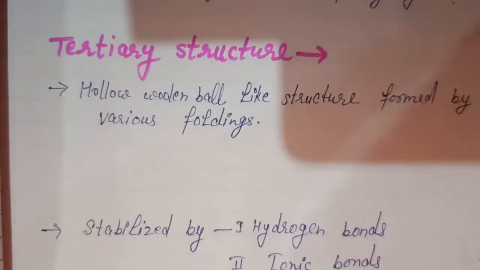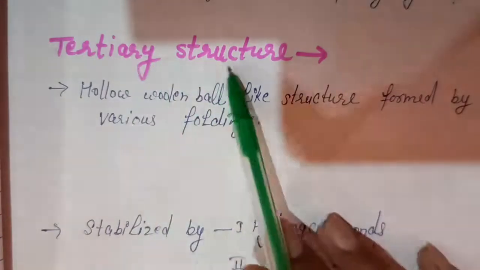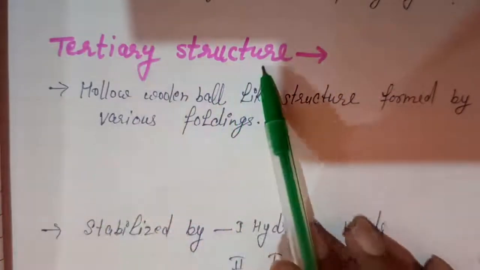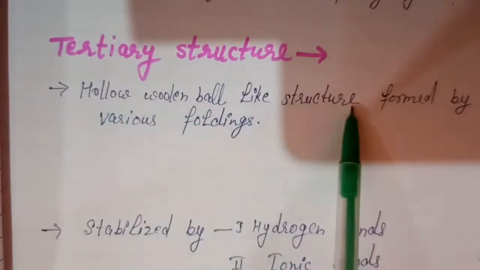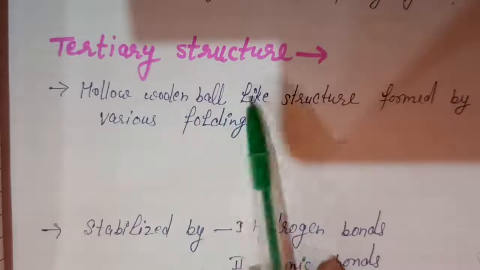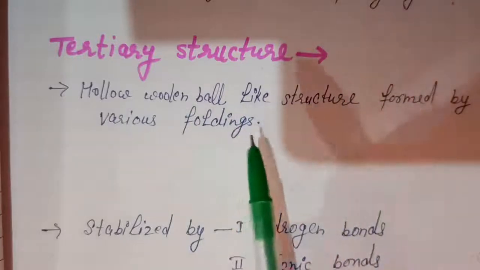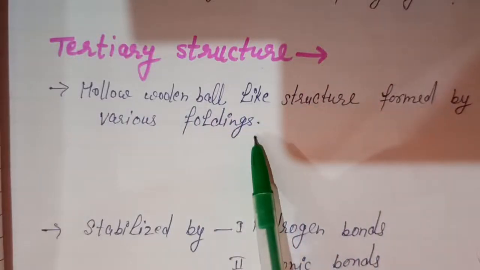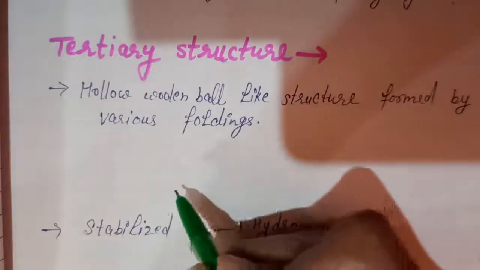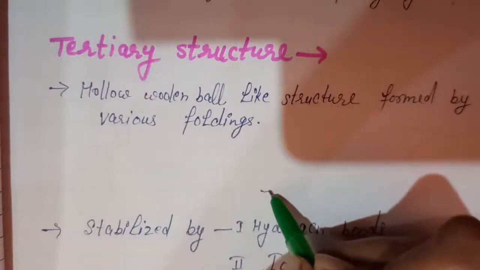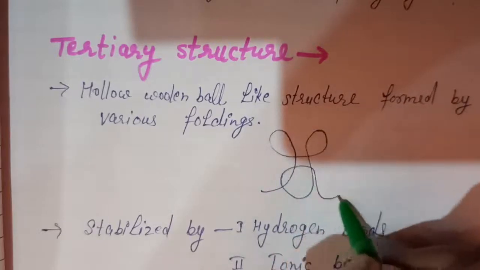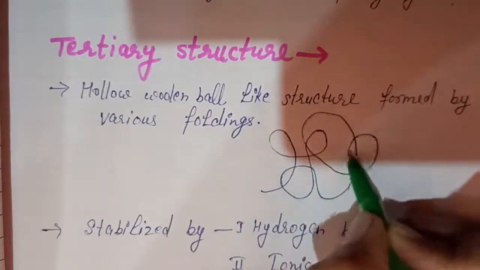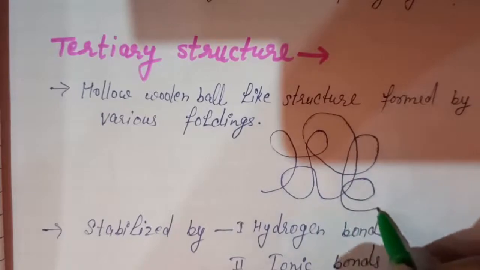Next level of protein structure is tertiary structure of protein. And here in tertiary structure, a hollow woolen ball like structure is formed, and this structure is formed by various foldings. Okay, so a hollow woolen ball like structure like this will be formed here due to various kinds of foldings.